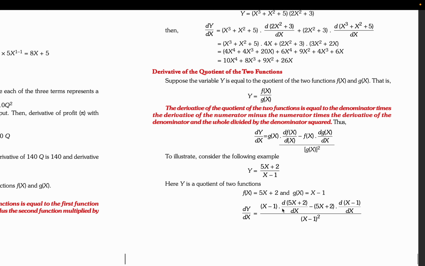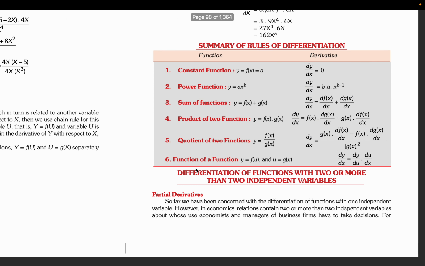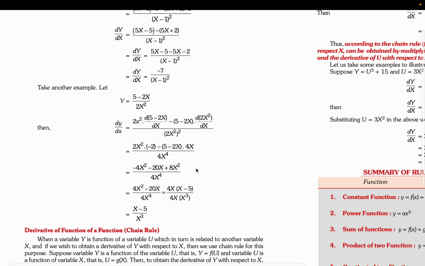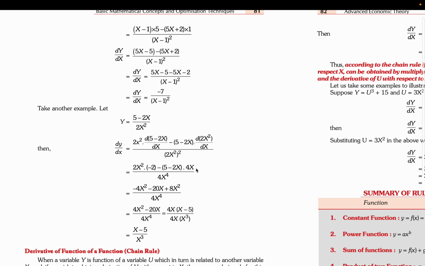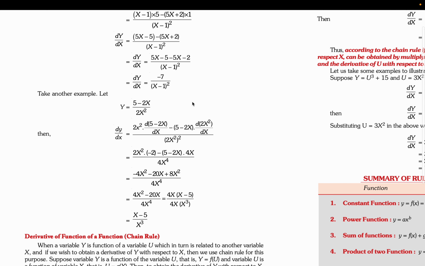So in the numerator we have 5x minus 1 minus 5x plus 2, and the denominator is of course this. Then of course you can bring this further down, simplify it, come to this.